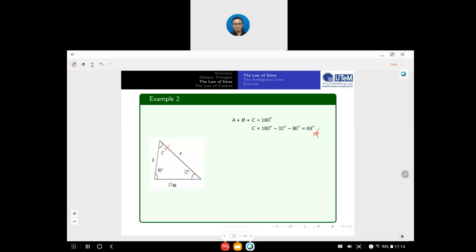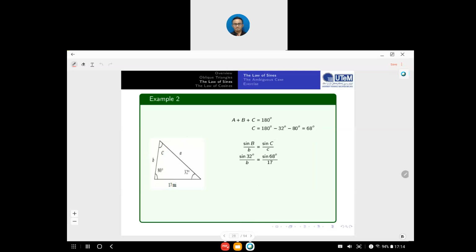Since you already have C, and you have the opposite length of C, which is 17 miles, we can find the length A and the length B by using law of sine. We know that sine B over B equals sine angle C over C.